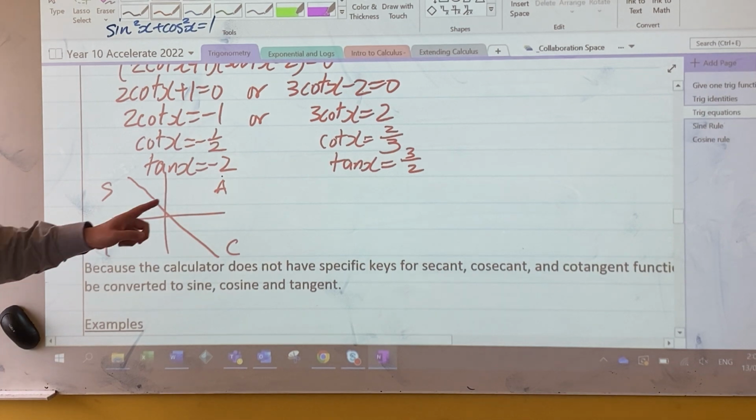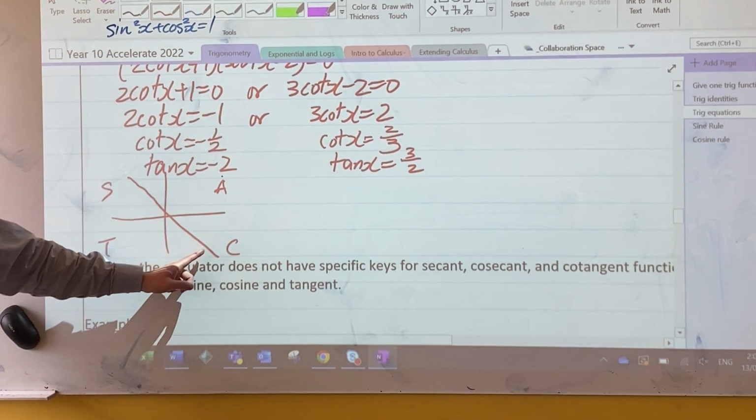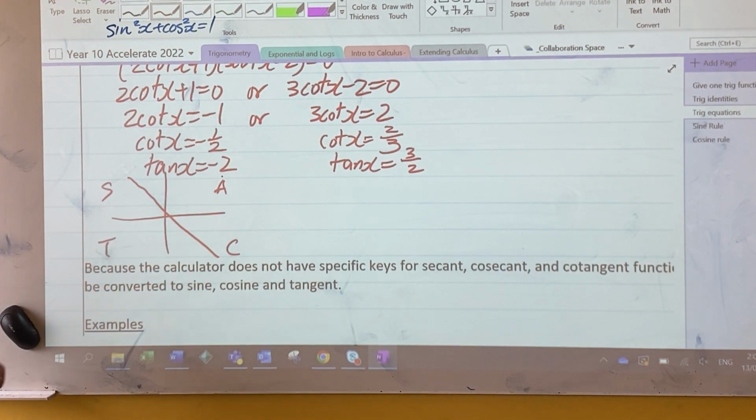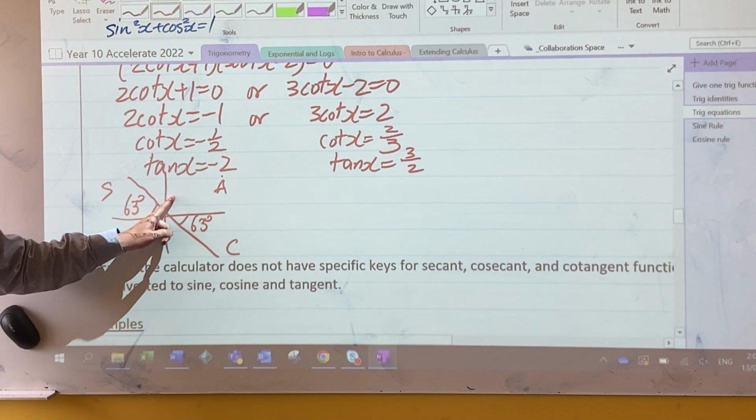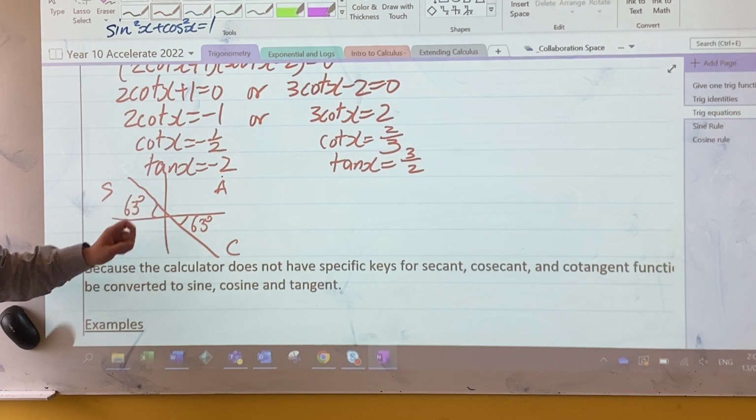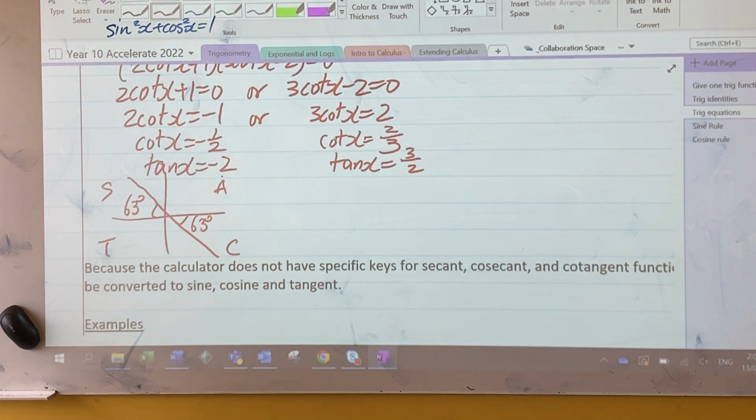Because it's negative, negative means the second and fourth quadrant. So this angle is 63 degrees, this angle is 63 degrees, and this angle is also 63 degrees. So what's my final answer? My final answer is not 63, my final answer is this one. So 180 minus 63, which is 117.